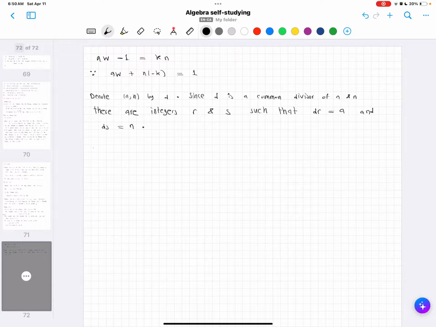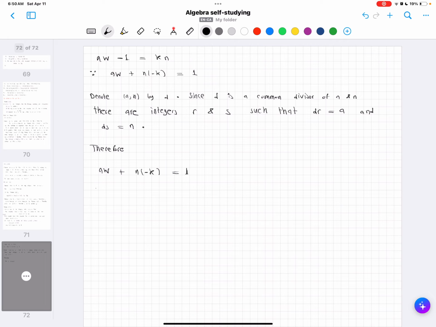So therefore it follows that we have a times w plus n times minus k is equal to 1.